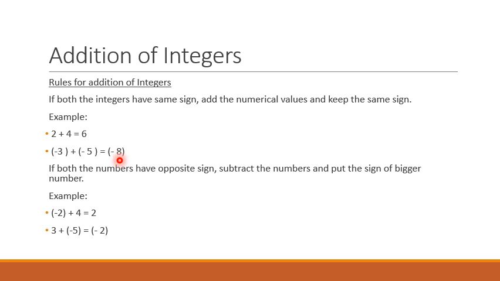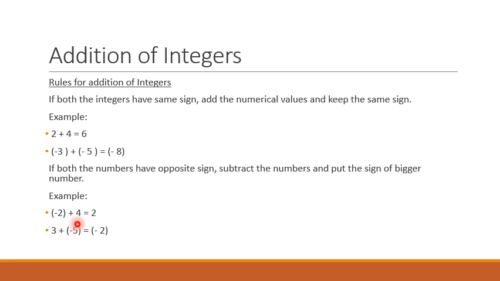Now let's come to the second rule. It says if both the numbers have opposite signs, that is one is positive and the other is negative, then subtract the numbers and put the sign of the bigger number. Let's see this example. Minus 2 added to plus 4. So here 2 is a negative number and 4 is positive.